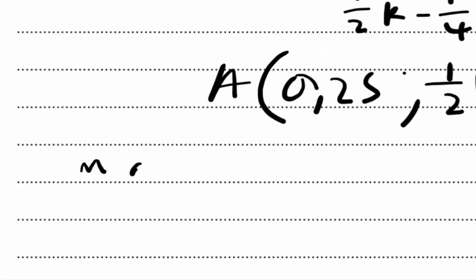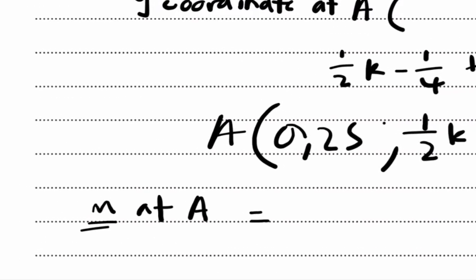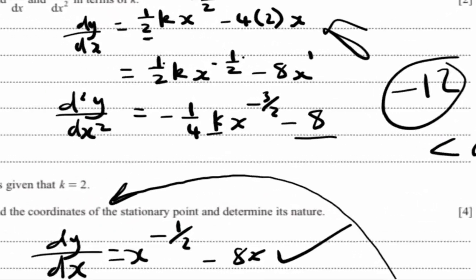So m at A, m standing in for gradient, just going to substitute 0.25 into our dy dx with k.